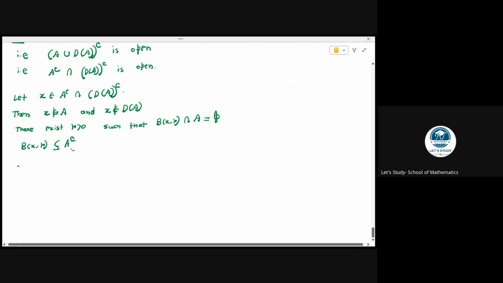And suppose B of x comma r intersection the derived set of A is non-empty.